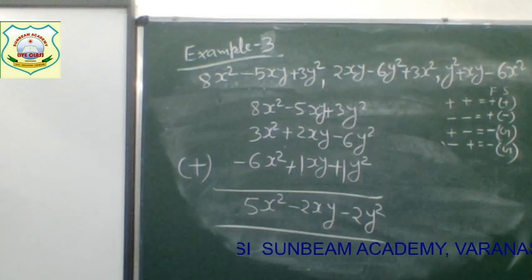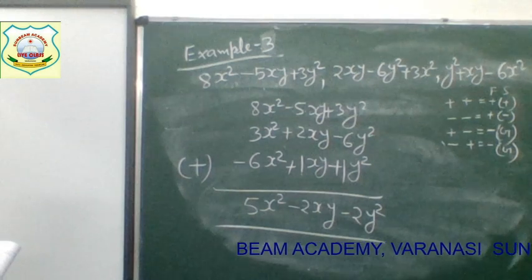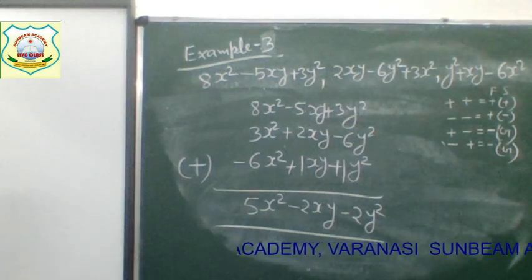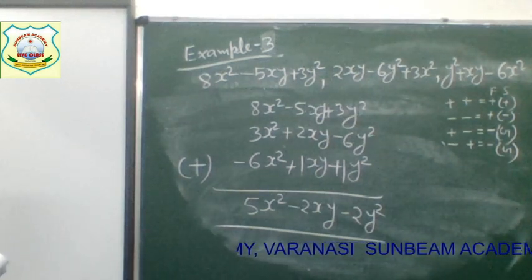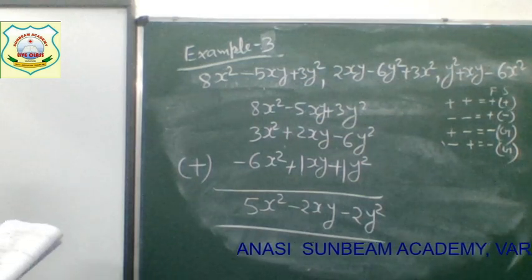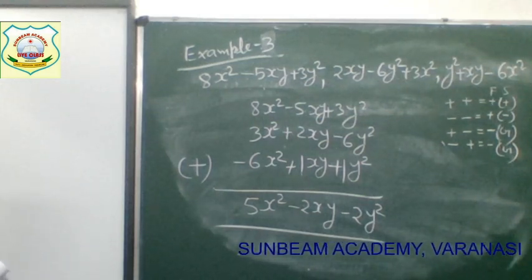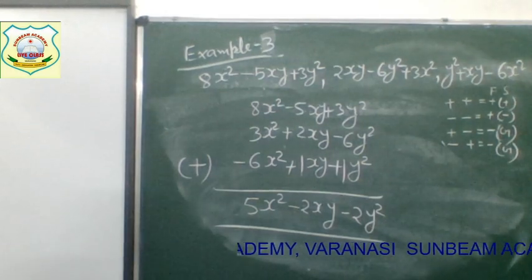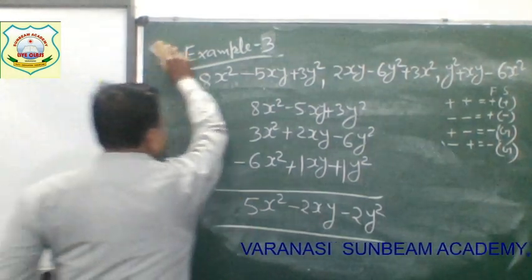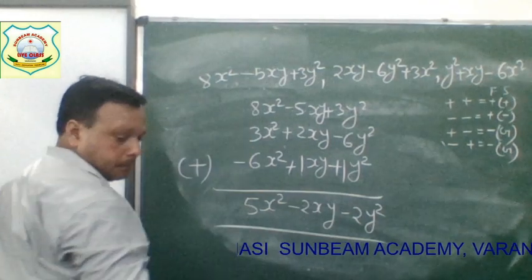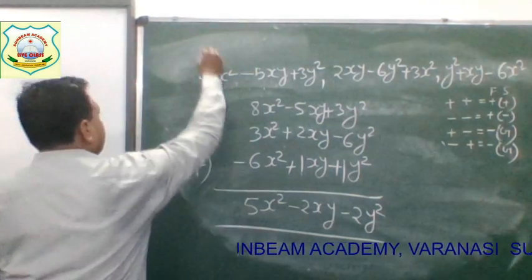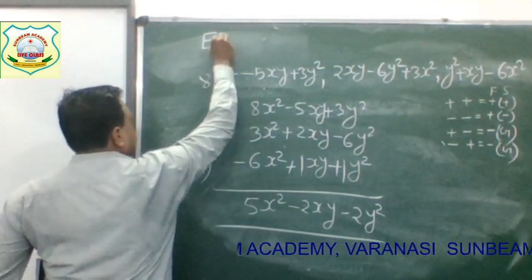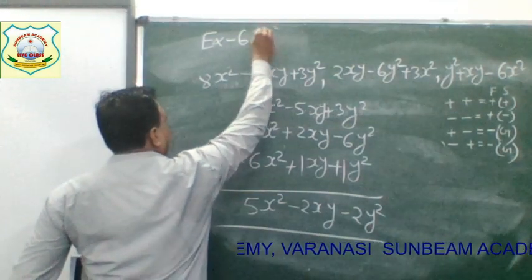Now going to start Exercise 6a. Now you all understood the example. Now Exercise 6a, the first question, the same is given, we want to add them. So students, hope everyone noted. Question number 1.